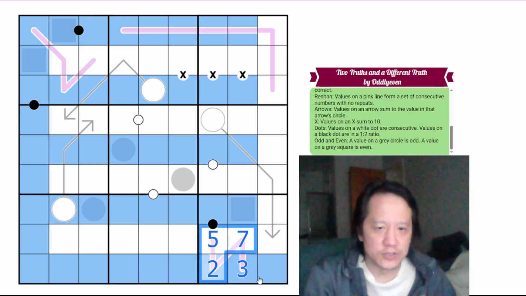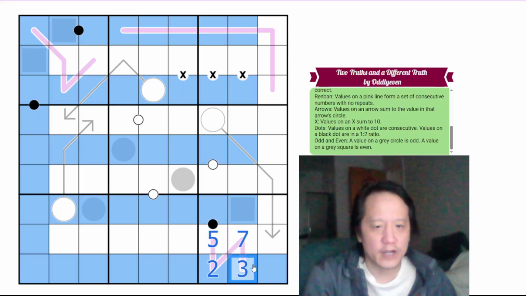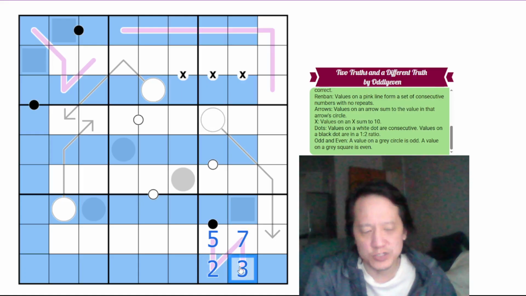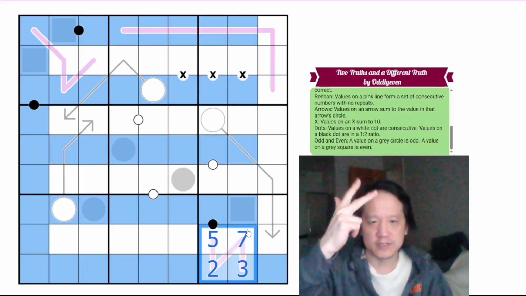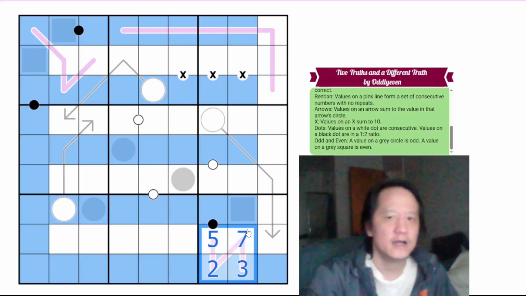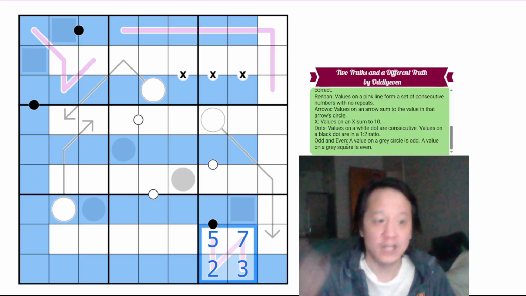Assuming the blues are doublers, this would be a value of 5, a value of 2 doubled, which is 4, a value of 7, and a value of 3 doubled, which is 6. So this would form a Renban with values of 4, 5, 6, and 7, which forms a set of consecutive numbers with no repeats.